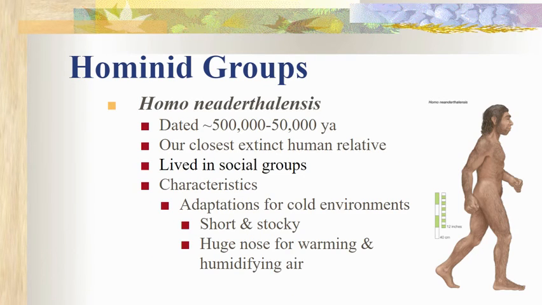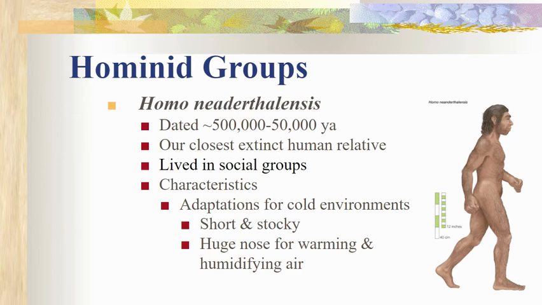Next, we have Homo neanderthalensis, and this was dated about 500,000 to 50,000 years ago. This is believed to be our closest extinct human relative. There's much evidence that they lived in social groups. Characteristics, they had many adaptations for cold environments.